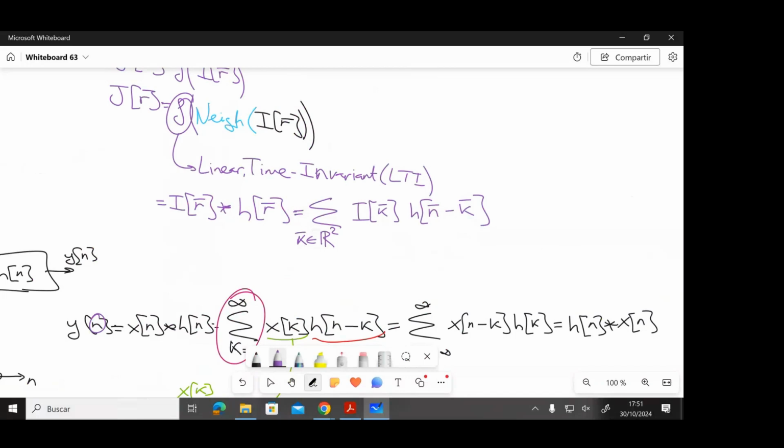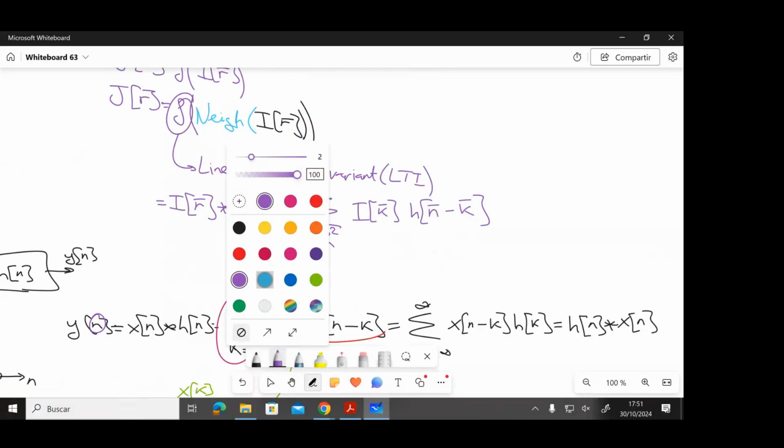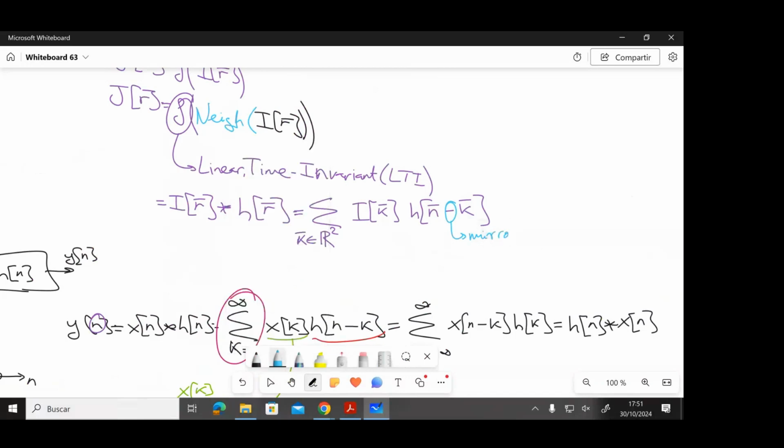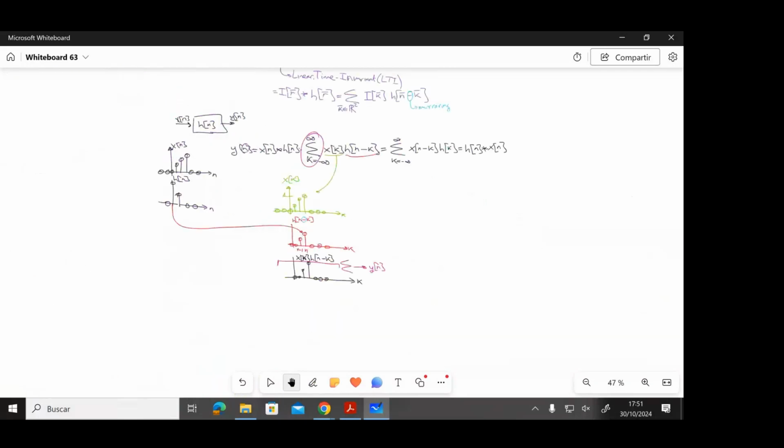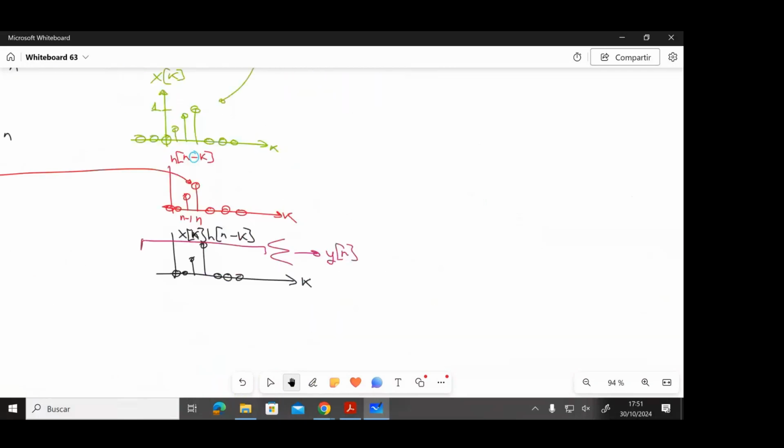And this change of sign will also imply a mirroring. When you look at it in one dimension, there's a mirroring because of the minus sign. There's a mirroring of h with respect to the origin.